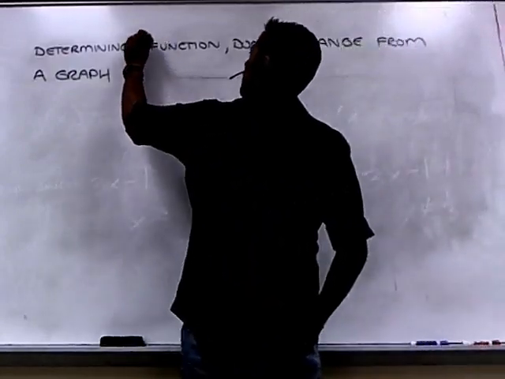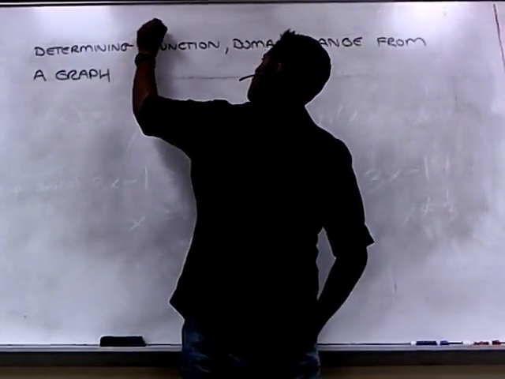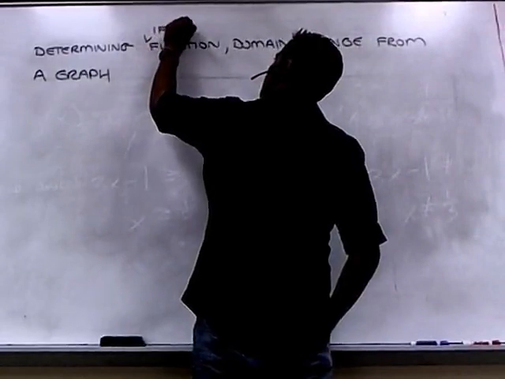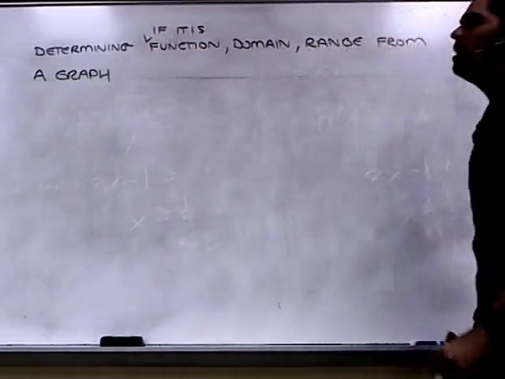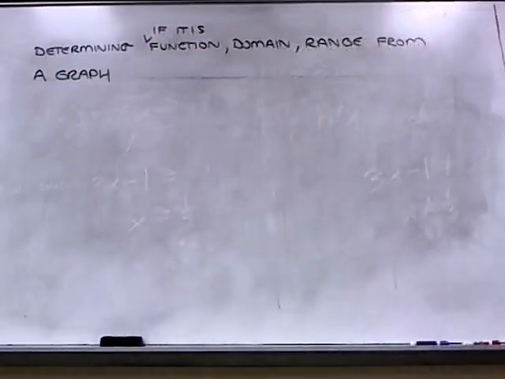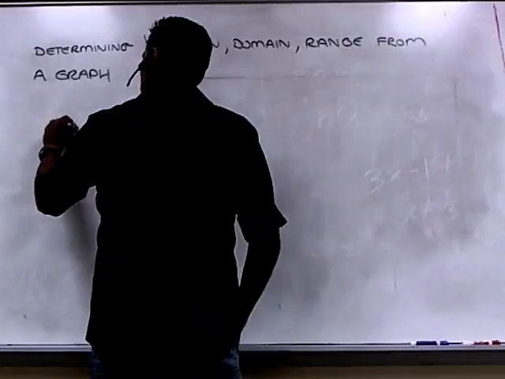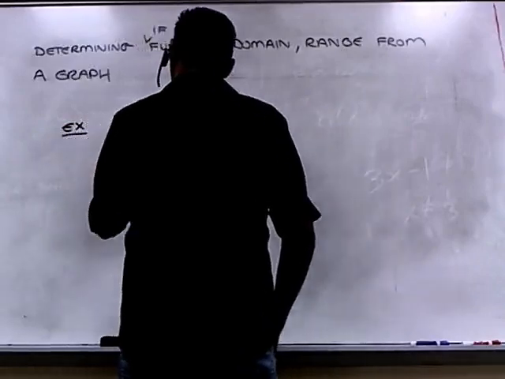I should say determining if it is a function, what the domain of it is, and what the range of it is from a graph. So I'm going to do a couple of examples to get us started.